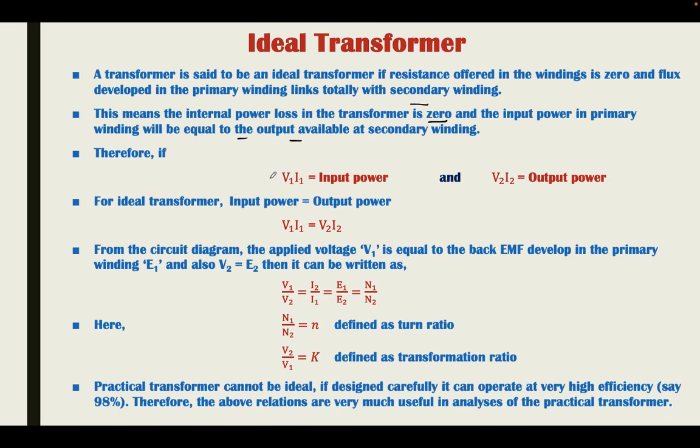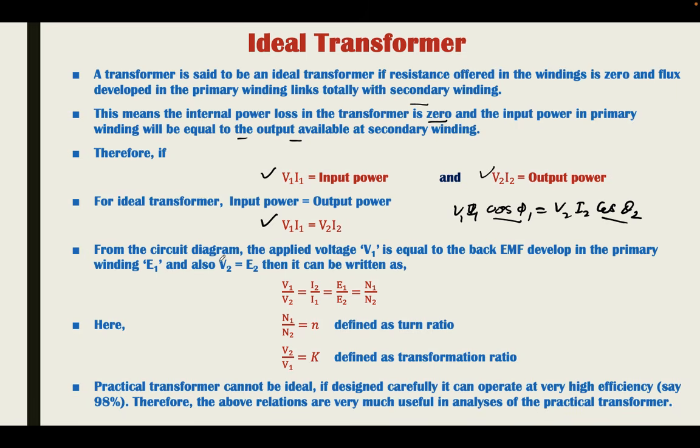By definition, power input is V1 into I1 and power output is V2 into I2. Because this is an AC supply, V1 I1 cos theta 1 must equal V2 I2 cos theta 2. Considering cos theta 1 and cos theta 2 equal, we can say the input power V1 I1 must equal V2 I2.